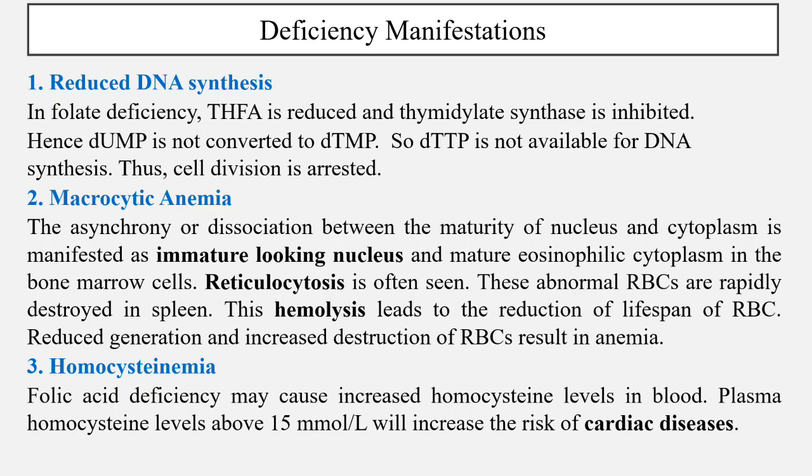In bone marrow cells, an immature nucleus is observed in RBCs. These abnormal RBCs are rapidly destroyed in the spleen, because they are huge in size and cannot pass through the spleen, and are destroyed there. This hemolysis reduces the lifespan of RBCs, and reduced generation with increased destruction of RBCs results in anemia. This is the cause of macrocytic anemia.